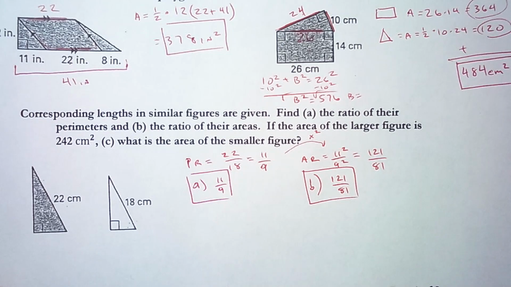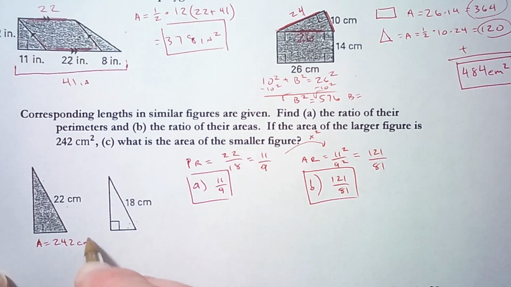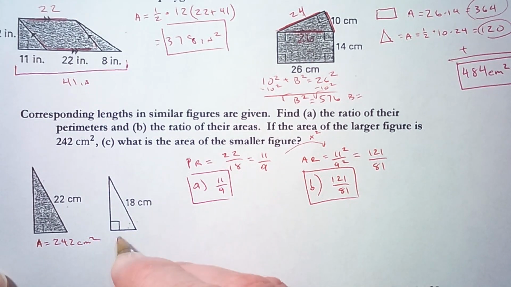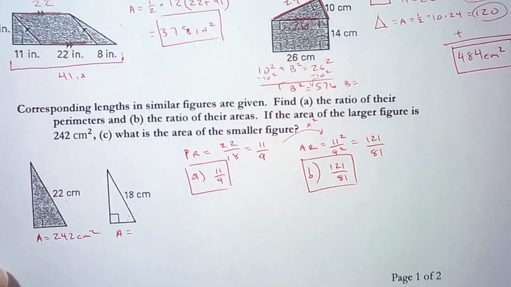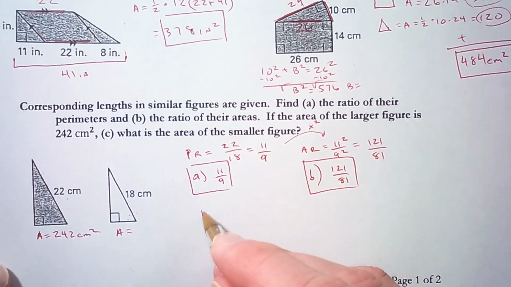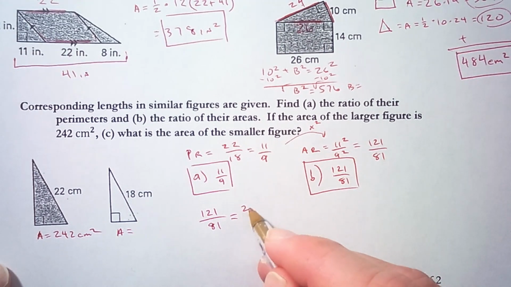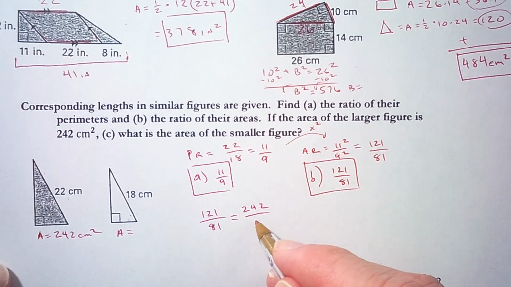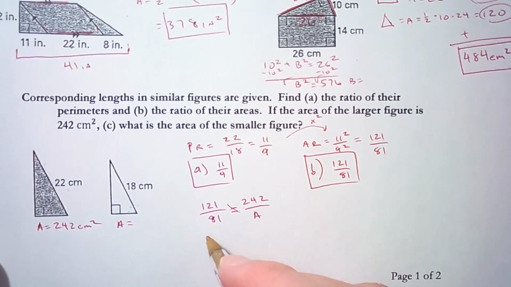If the area of the larger figure is 242 centimeters squared, so this one right here has an area of 242 centimeters squared, what is the area of the smaller figure? Okay, so we will use the area ratio, 121 is to 81, as the larger area, 242, is to the smaller area. Okay, so we'll do our cross products.